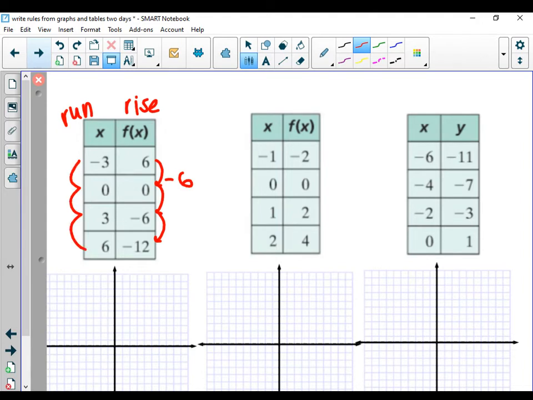Subtracted. Think, if you're at -3 and you go towards 0. Nice. Guess what you two just found? The rise and run, the slope. Down 6, run 3. Down 6, run 3. -6/3. Oh, simplify, he says.